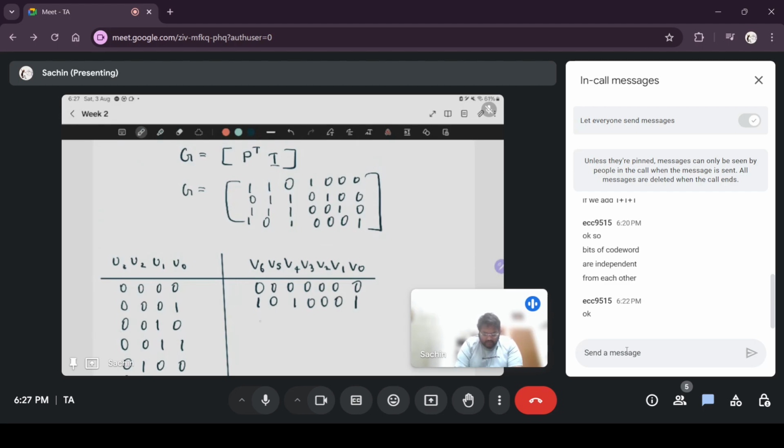Next one will be the third row, 1110010. For this you will have to add the third and the fourth row.